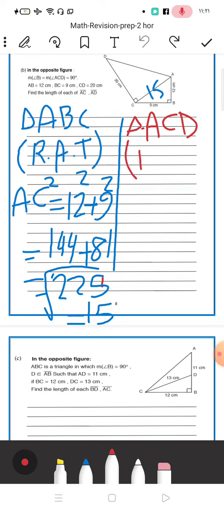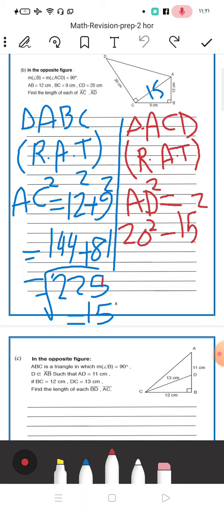This triangle is a right angle triangle, right angled at angle C. So the length of AD to the power 2 equals what? Equals 20 to the power 2 minus 15 to the power 2. It will be equal to 400 minus 225.